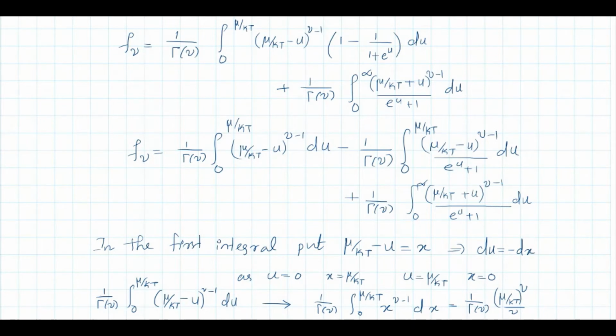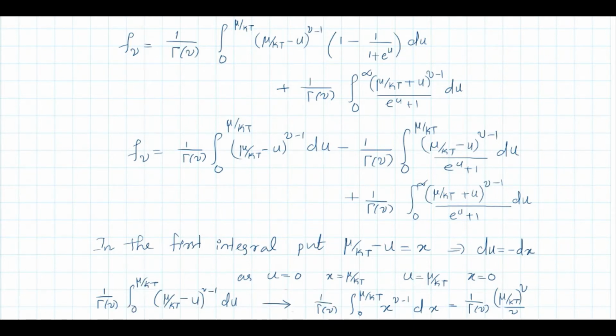In the first integral, put mu by kt minus u equal to x. So du will be minus dx, and as u equal to 0, x becomes mu by kt, and as u equal to mu by kt, x becomes 0. So this first term becomes 1 by gamma nu.